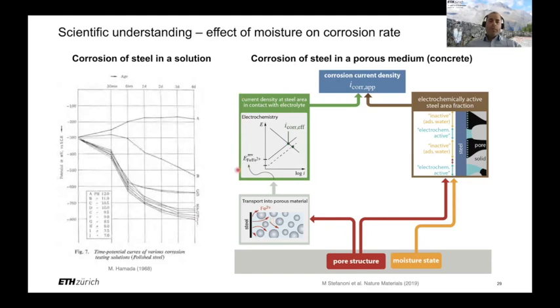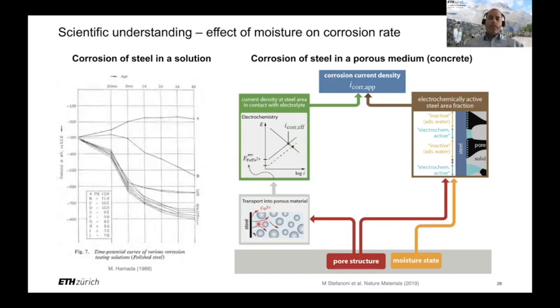This can be described by well-established electrochemical theory, such as the dependency of the reversible potential of the iron-iron 2 electrode on the iron 2 concentration at the metal surface. That can then explain why the effective corrosion rate in those parts of the metal that are in contact with a low pH solution depends on the pore structure, or on the transport of ferrous ions in that pore structure.